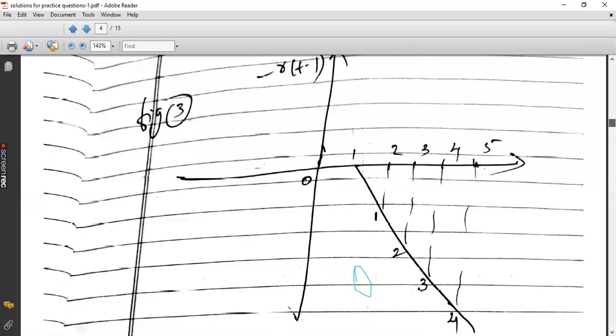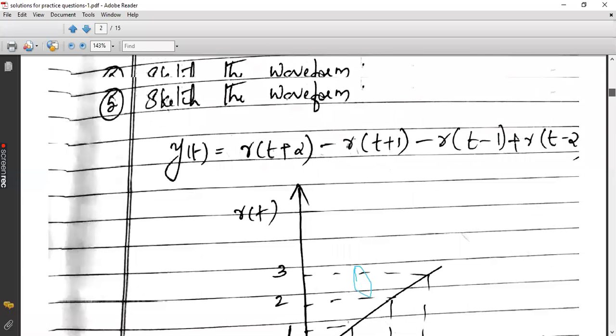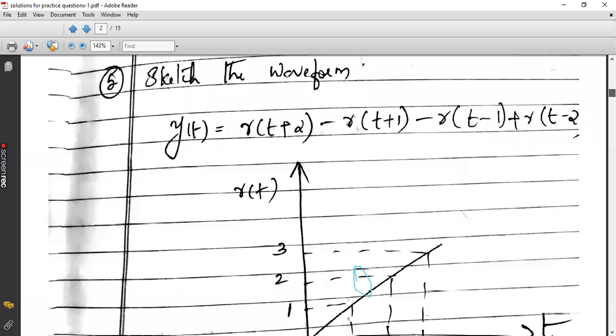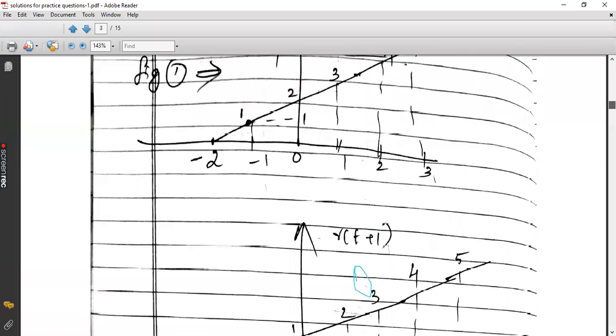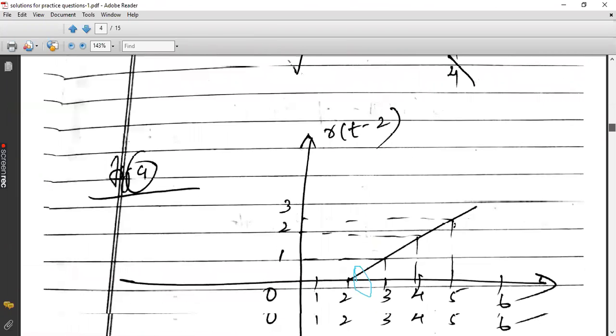So this is your minus r of t minus 1, figure number 3. After drawing figure number 3, you have r of t minus 2, that is the fourth term. For r of t minus 2, you just need to shift towards the right side by 2 units. That will be figure number 4.